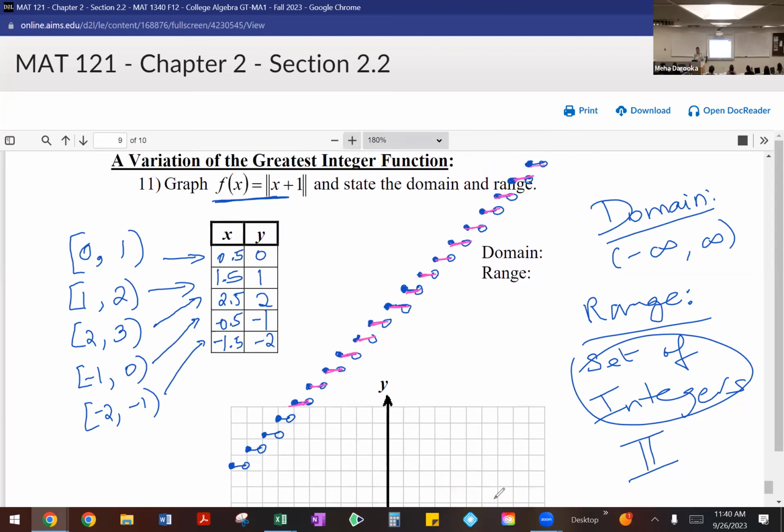I'm trying to line this up so I don't have to rewrite everything. Now, if you are adding 1 to your function, how is that going to change our y values? Same x values, but how does the +1 in our greatest integer function change the y value?